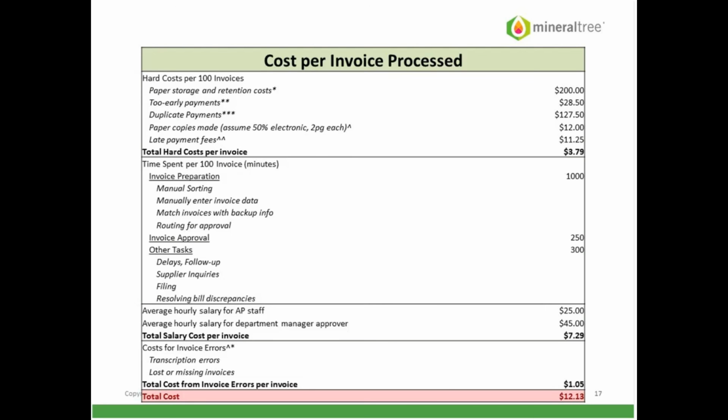But ultimately it comes to $12 in this particular case, just on the invoice processing side. And again, that falls right in the middle of industry research, which shows about $10 to $15, depending on where you're at.